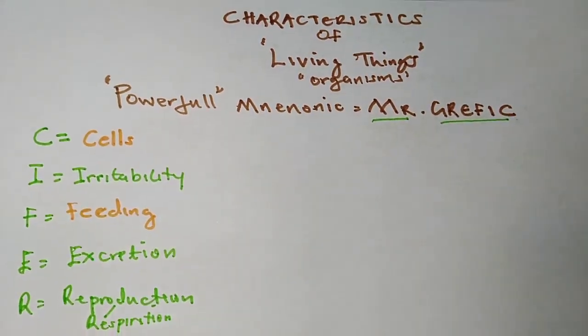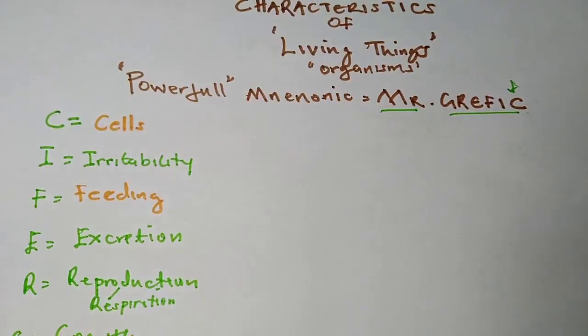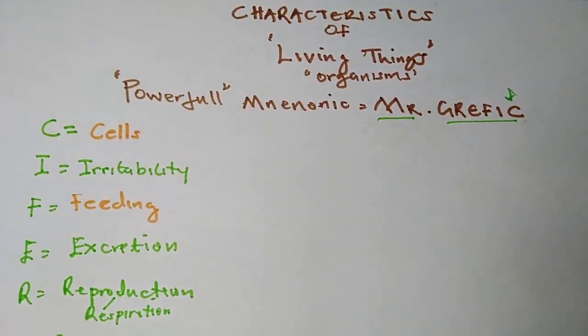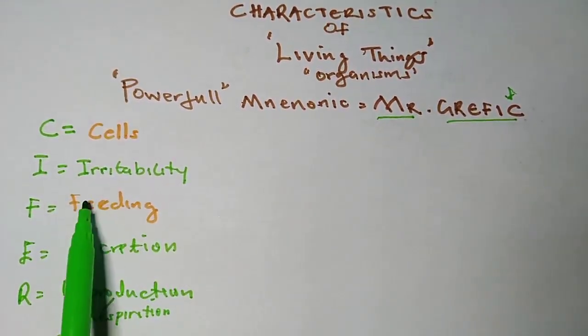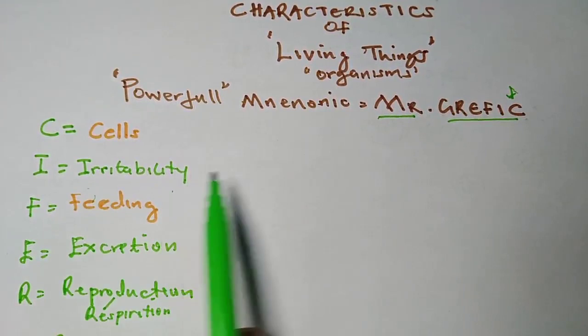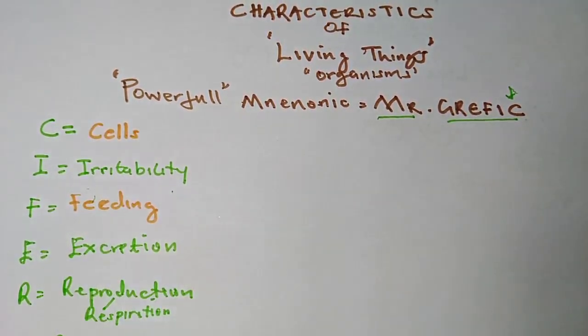Mr. Graphic. So starting from the last letter C, it simply means cells. Then the I simply means irritability. Then the E simply means excretion.